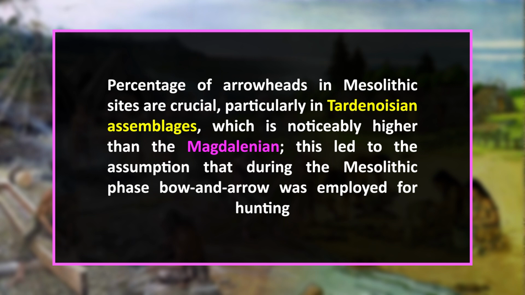The percentage of arrowheads in Mesolithic sites is crucial, particularly in Tardenoisian assemblages, where it is noticeably higher than in the Magdalenian. This led to the assumption that during the Mesolithic phase, the bow and arrow was employed for hunting.